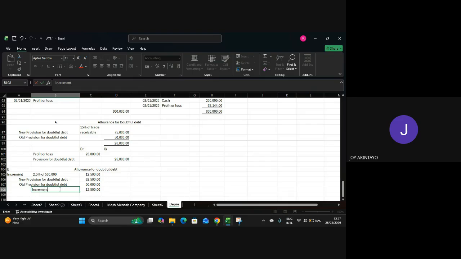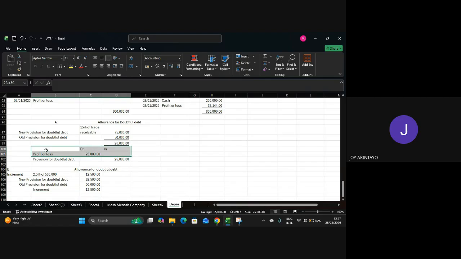Then how do we account for this? As usual, because it's an increment, we treat it the same way we treat the other one. So just bring your 12,500 here.